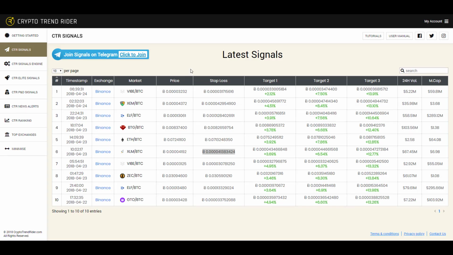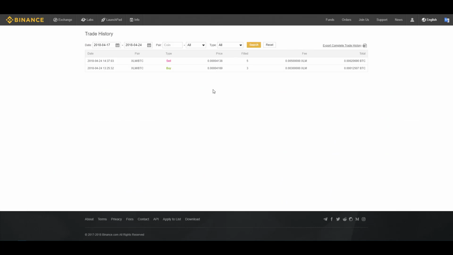And so while I was trading, I got the notification for the sell. This is the trade history, and you can see that just over an hour later it sold the XLM.